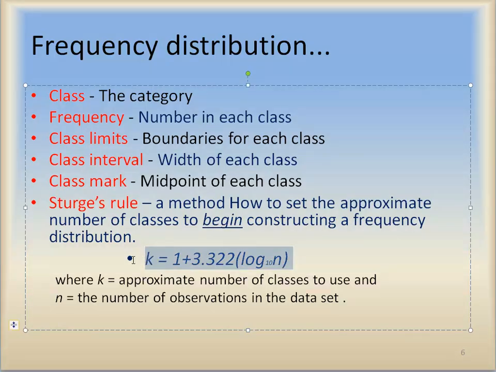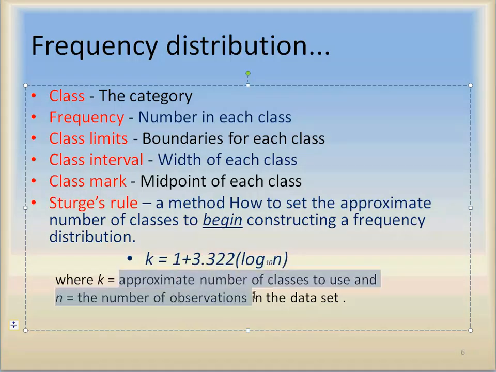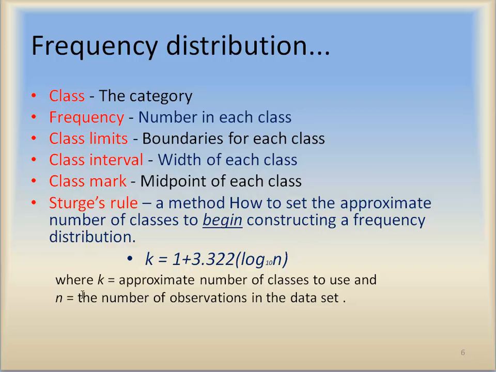This k is the approximate number of classes, and n is the number in the data set. Imagine you have a large data set, a set of 5,000 values. All you do is put that 5,000 instead of n in there. And the logarithm base 10 ensures that the number of classes is kept down. It doesn't shoot off exponentially.